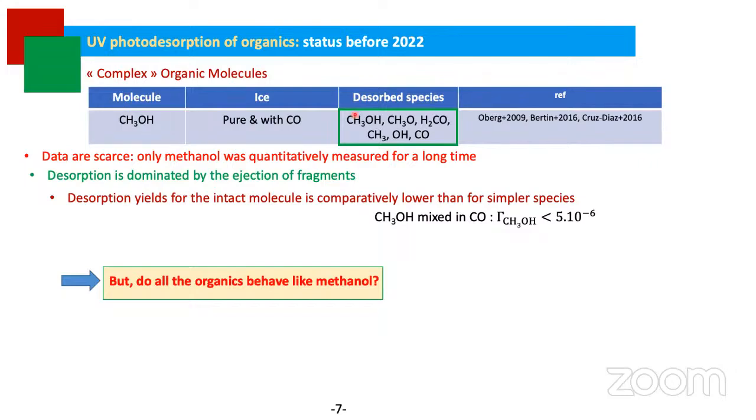So, okay, this is the case of methanol, but there are many other organic molecules. So the question is, will all the COMs behave like methanol? Is it really true? Is there some molecule which behaves differently? How can we understand that? Of course, for that, we need more data.